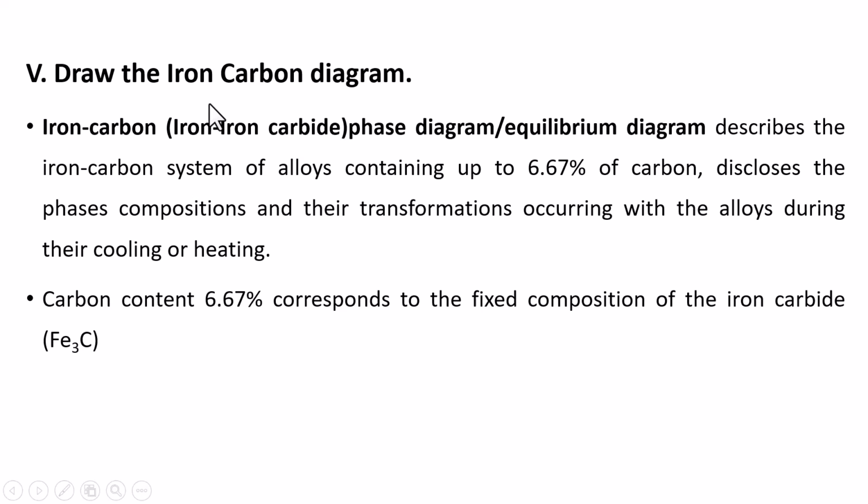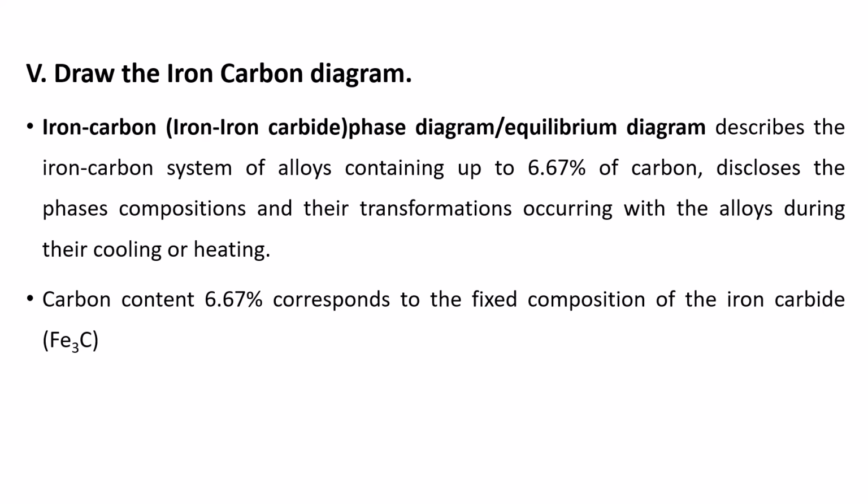Draw the iron-carbon diagram. The iron-carbon diagram is also called the iron-carbide diagram. It is also called the iron-carbon phase diagram, iron-carbon equilibrium diagram, or iron-carbon constitution diagram. In the same manner, it is also called the iron-carbide phase diagram, iron-carbide equilibrium diagram, and iron-carbide constitution diagram.